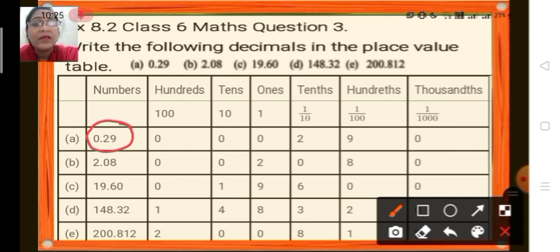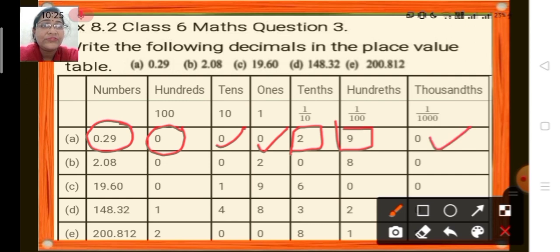So here, in 0.29, there is no digit at the 100 place, so what we will write? 0. Then similarly at tens place we will write 0, and at ones place we will write 0. Then in tenth place we will write 2, and in hundredth place we will write 9.